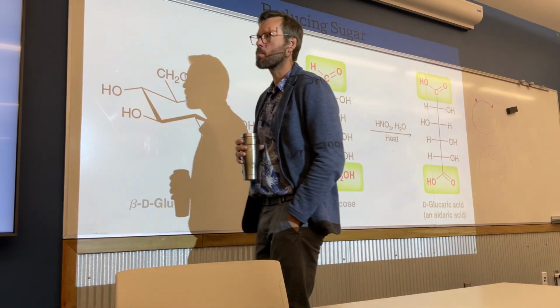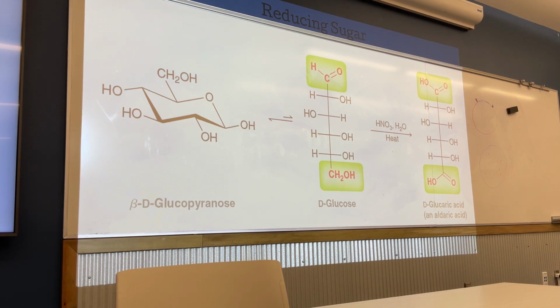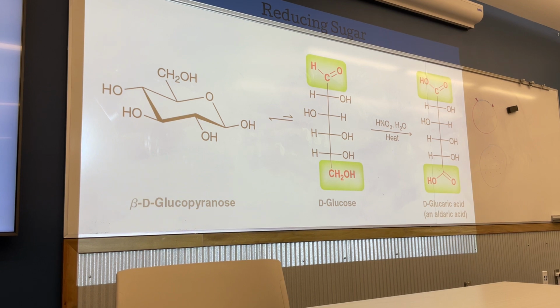Reducing sugars. A reducing sugar means that it can be oxidized. Right? So what happens is that we can open the ring up, because it does open, right? If you looked at that equilibrium, the arrow wasn't pointing one way, it was just mainly in the hemiacetal direction.